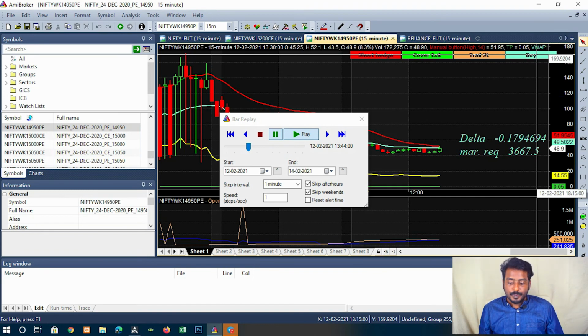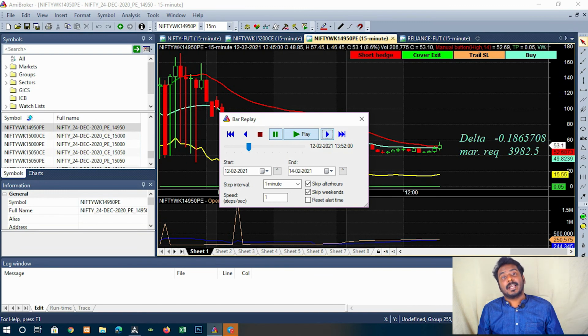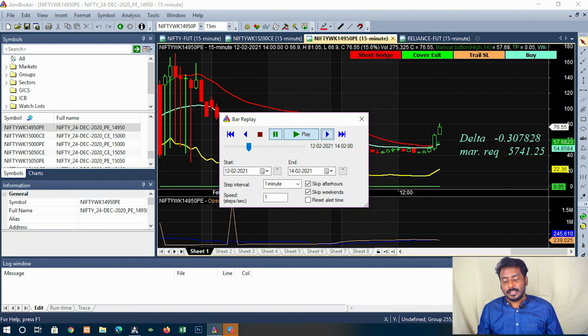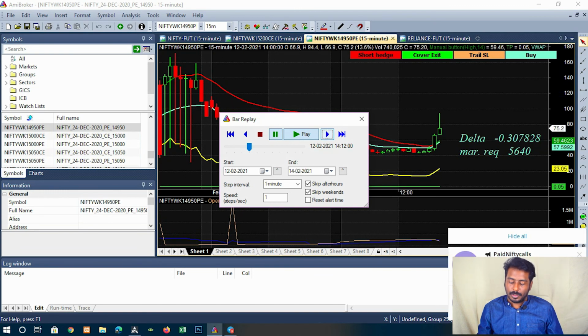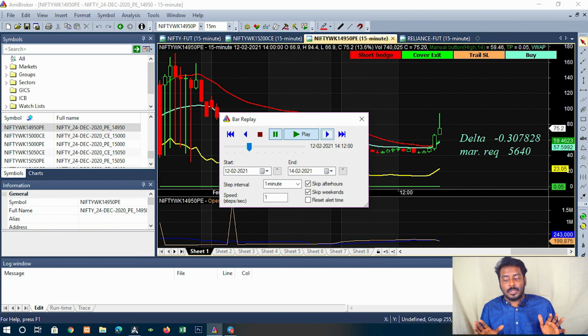Once I have bought, if it's going to be a very big spike, I can use this option instead of adding the strike price. It will move, and I'll be in very good profit. So I use the system, so it's very easy. No need to go and add in a hurry-burry situation. So this is the setup I use.